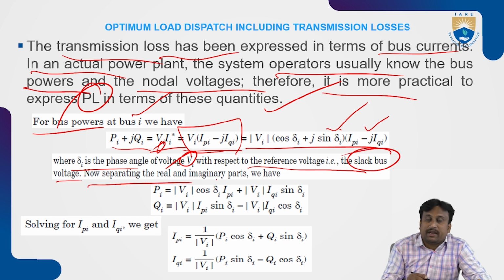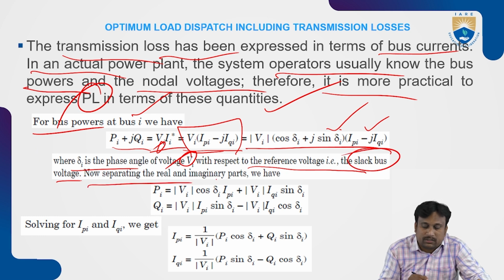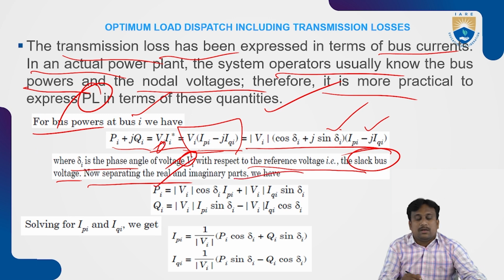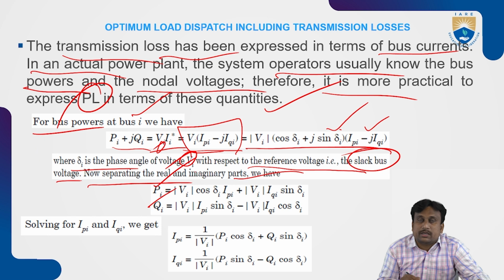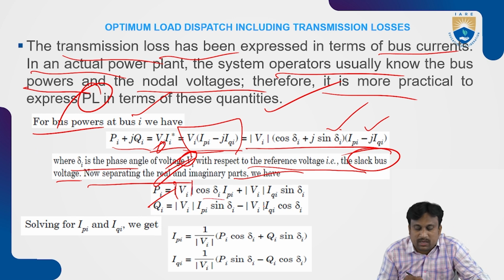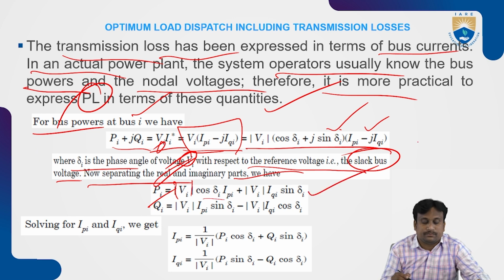Now separating the real and imaginary parts, the real part is Pi and the reactive term Q is the imaginary part. The real term at the ith element is Pi equals modulus of Vi cos delta i IPi plus Vi IQi sin delta i.